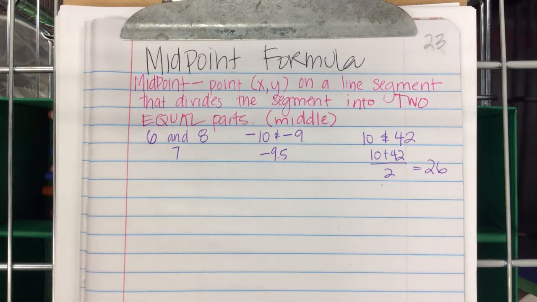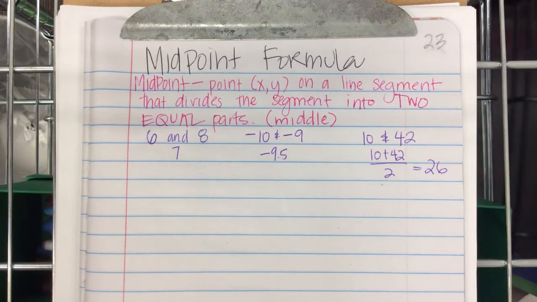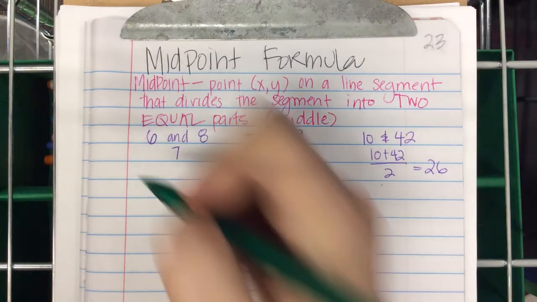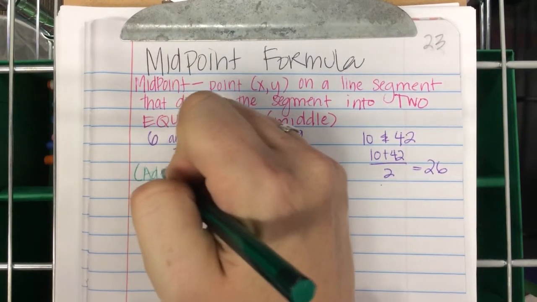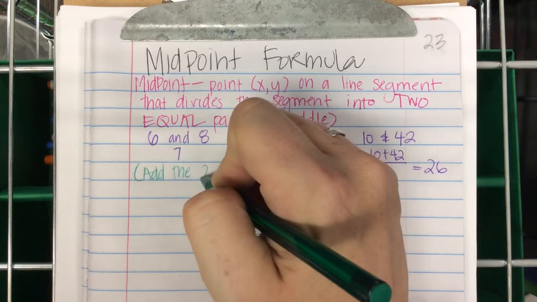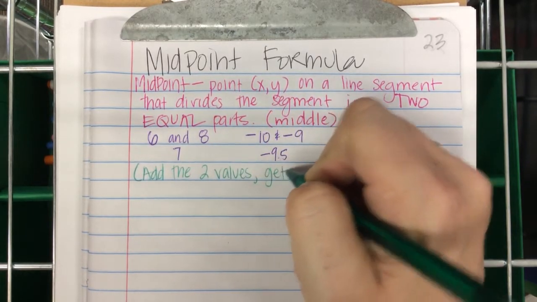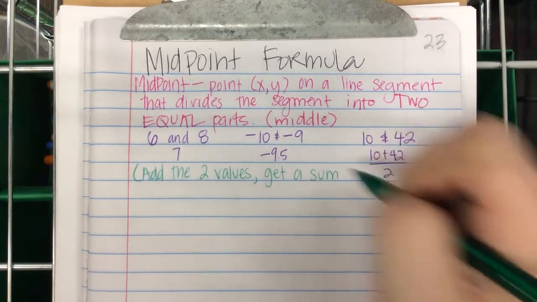So to find the midpoint, it's finding the average of the two numbers. It's taking the mean, adding them together and dividing by 2 because there are two values. So if you think that in your head, all it is: add the two values, get a sum.